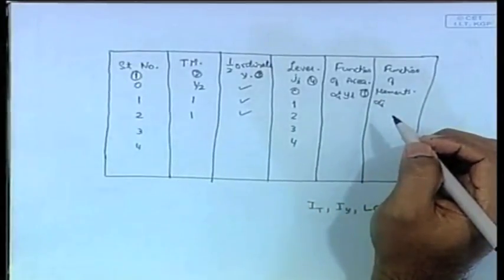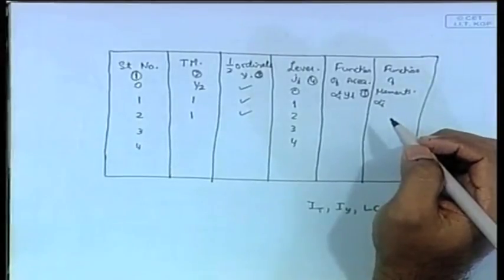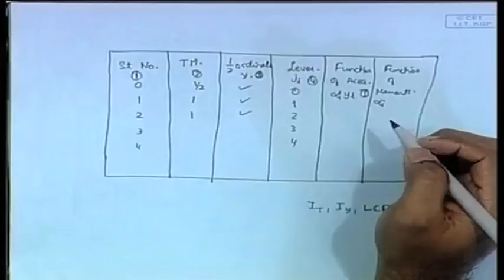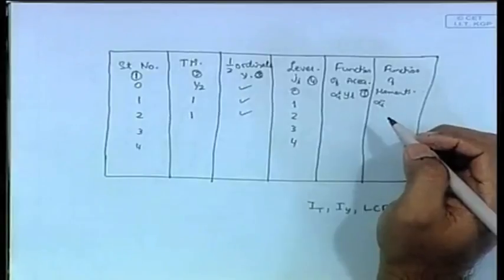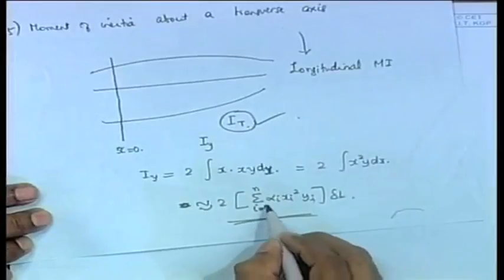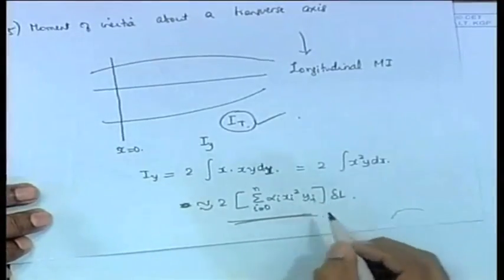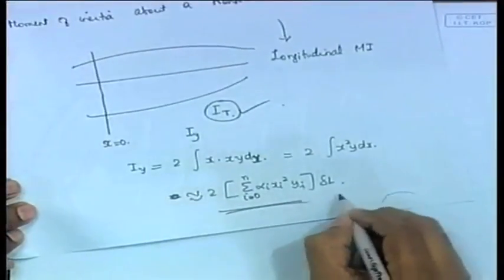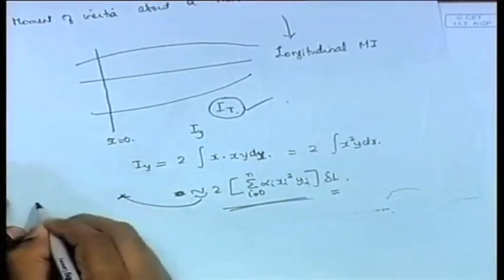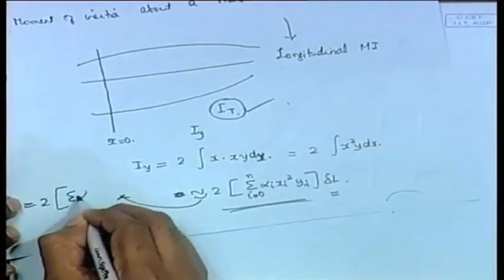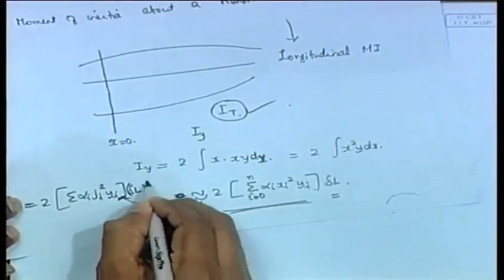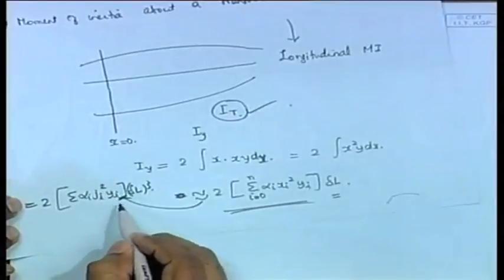Now, where is I y, that is this thing. To do I y, since you are asked to find I y, you have to calculate alpha I x I y I delta L. This is the expression for I y.